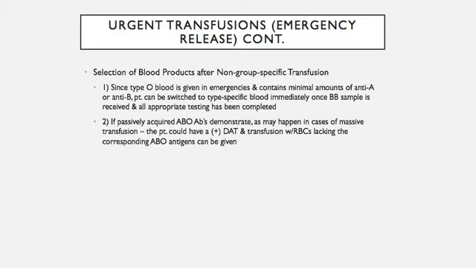If passively acquired ABO antibodies start to demonstrate, which can happen in cases of massive transfusion, the patient could have a positive DAT and transfusion with red cells lacking the corresponding ABO antigens can be given.